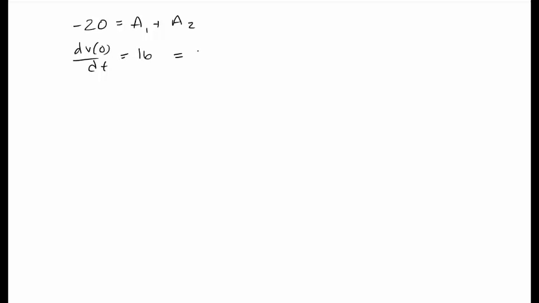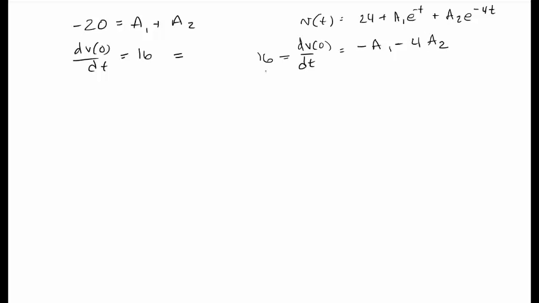Now we have to go back to the differential equation that we had, that the voltage as a function of time is 24 plus A1 e to the minus t plus A2 e to the minus 4t, and then we have to find dV/dt at time equals 0. So the derivative of that, and we know that equals 16. The derivative of 24 is 0, and we get minus A1 minus 4A2, and it equals 16.